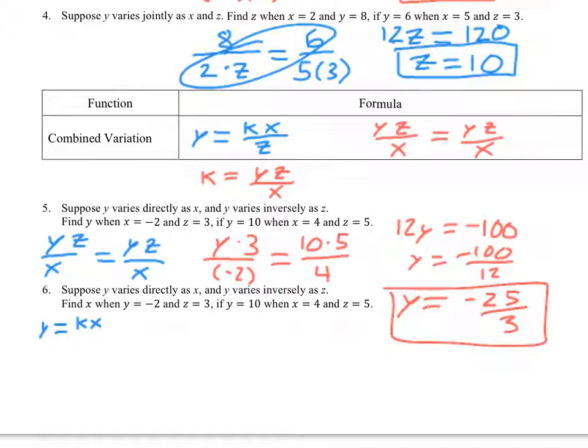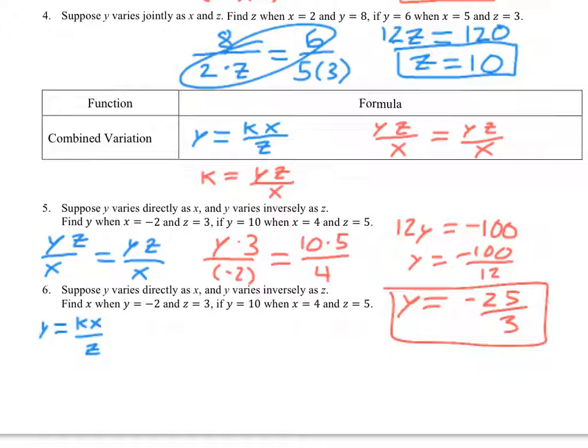But y also varies inversely as z. So we know that to be y equals k over z. So the z goes underneath. So since we don't have to write the equation, we just have to solve for one of the letters, we can get rid of k by solving for k.